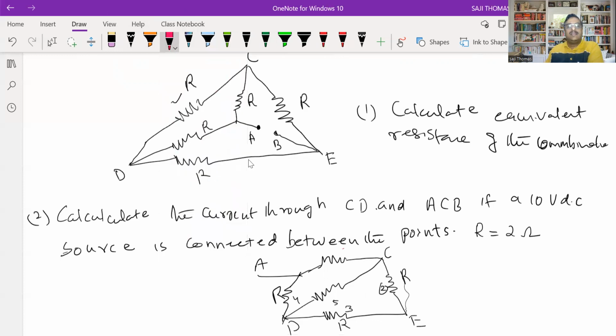This resistor is P, this resistor is Q, this resistor is R, this resistor is S, and this was the galvanometer. All these values are R only. So we have arranged it in the form of a Wheatstone bridge, and at the point D, terminal B is pulled to the right side like this. So it is a Wheatstone bridge.